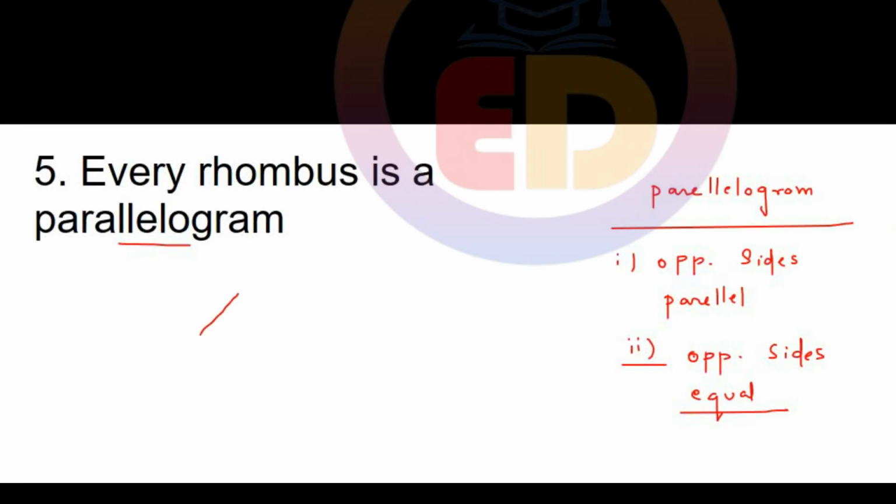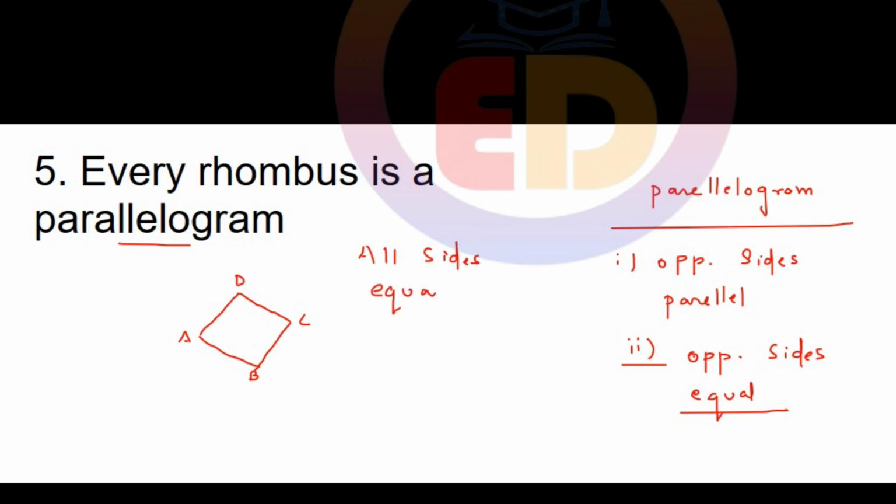Now rhombus, we know, has all its sides equal, A, B, C and D. So in a rhombus all the sides are equal. So if all the sides are equal, can we say that opposite sides are equal?